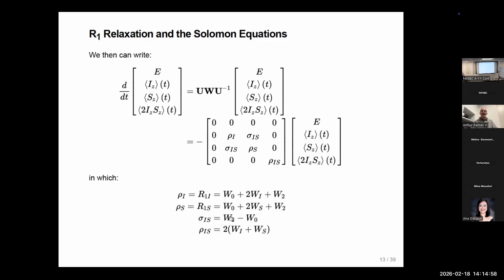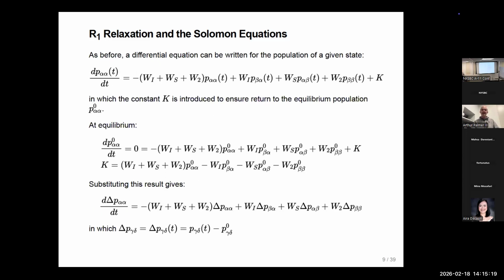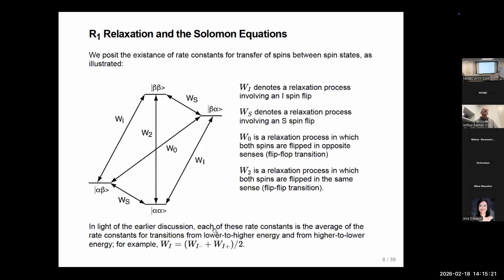And that depends on the difference between W2, the flip going from alpha alpha to beta beta or beta beta to alpha alpha, and W0, which is the flip flop, alpha beta going to beta alpha and vice versa. So if we come back here and look at the picture, this exchange of magnetization depends on this transition and this transition.